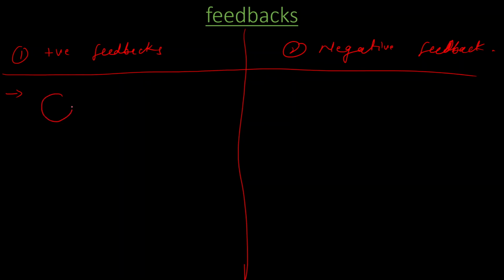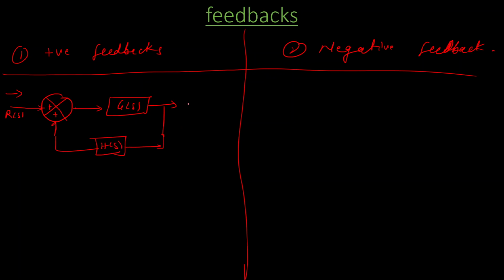representation. So this is the representation of a positive feedback system. In this, this is a forward path, this is our feedback HS and this is our output CS. And in case of negative feedback system, this sign will be reverse.